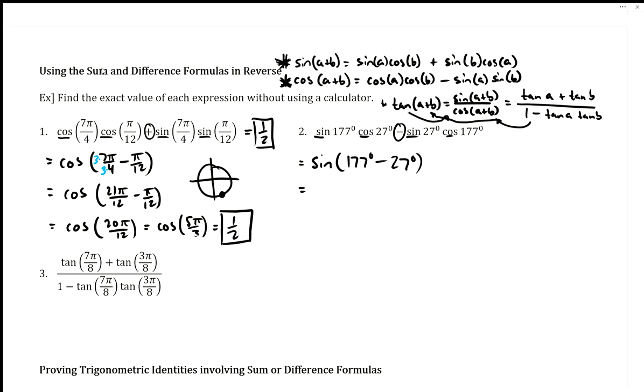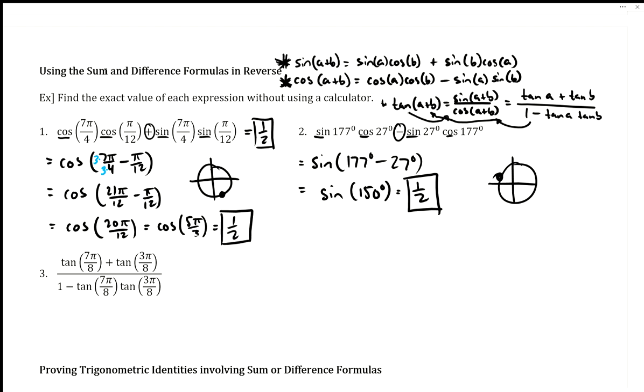Then continue simplifying. That is sine of 150 degrees, and that again is on the unit circle. Sine of 150 degrees is 1/2. It's a coincidence that they're both 1/2 in this problem, but those are the final answers.